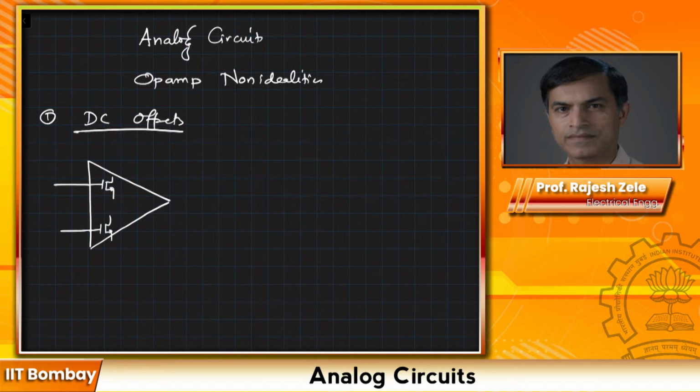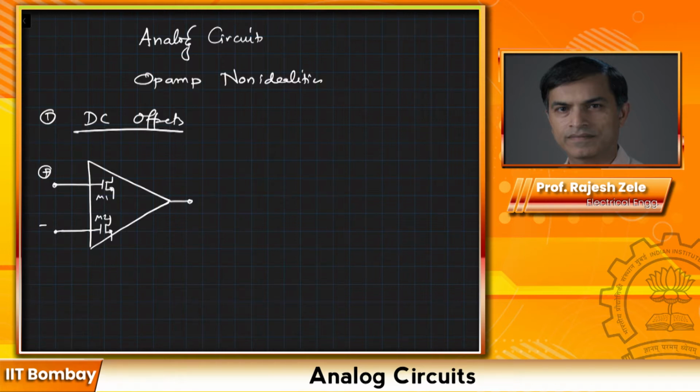Since the initial assumption is that the op-amp is ideal, we are assuming that the devices at the input, let's call them M1 and M2, are identical. In reality, when we manufacture op-amps, the devices can be slightly different from each other, and that results in an input offset voltage, which I'm going to describe to you.